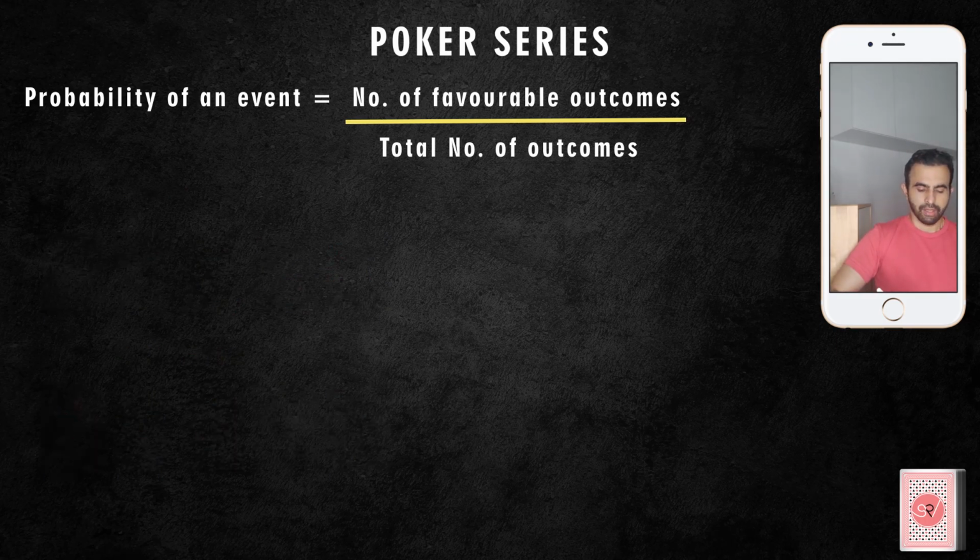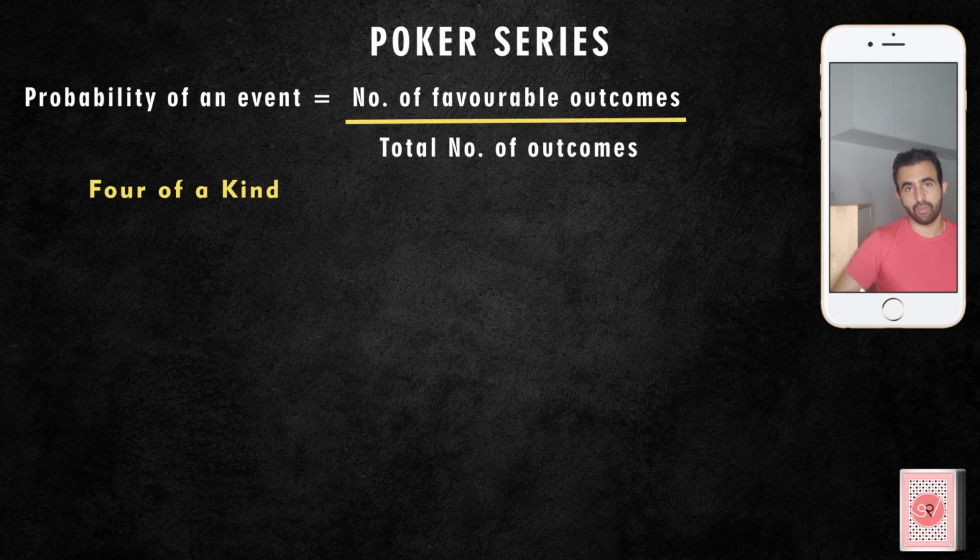Okay. The next poker hand that we're going to talk about is the four of a kind. Four of a kind, again, whenever you use the word kind, just as you have in three of a kind, four of a kind implies that what you have is of the same rank but different suits.